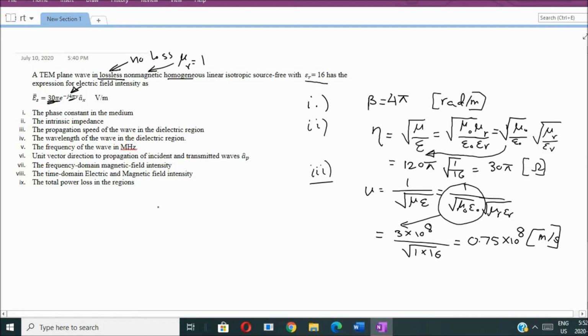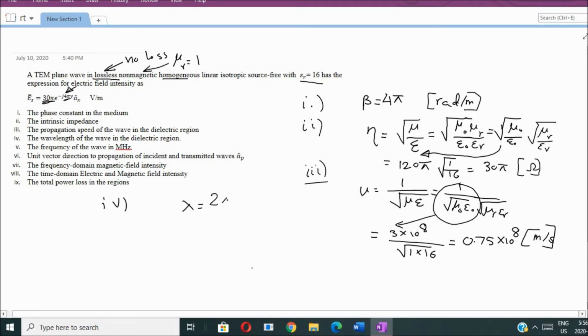Now part 4 says find the wavelength of the wave. Wavelength lambda is equal to 2 pi over beta. Here 2 pi over beta equal to 4 pi, so that is 0.5 meter. Then part 5, the frequency.